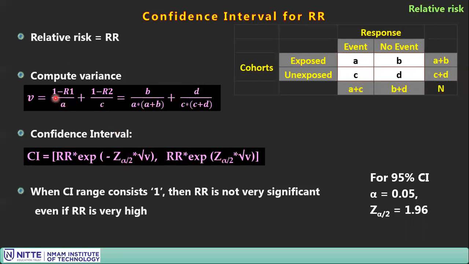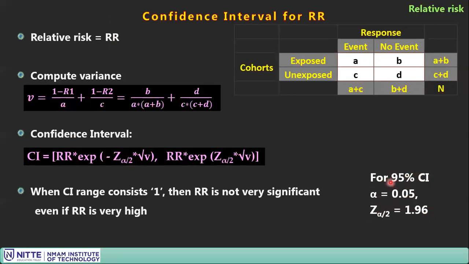So the variance you have calculated here, relative risk you have calculated here. The z value will be equal to 1.96 if you take a 95% confidence interval. For a 95% confidence interval, if you look at the z distribution table, alpha is equal to 0.05, related to the 95% confidence interval. So this z value will be equal to 1.96. If you change the confidence interval, the z value will change.